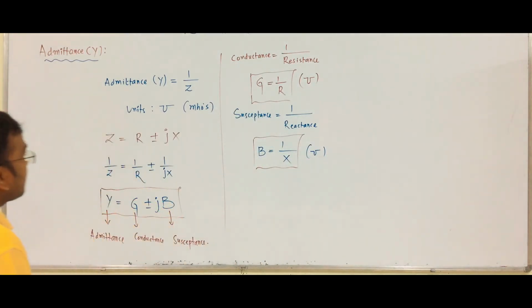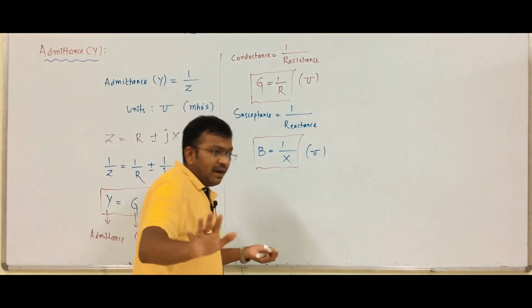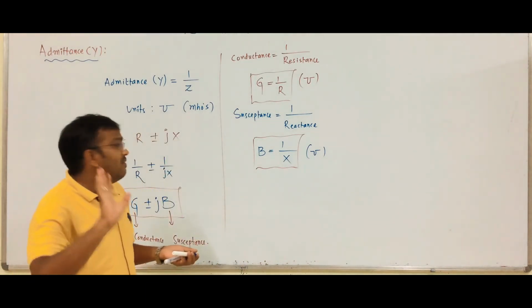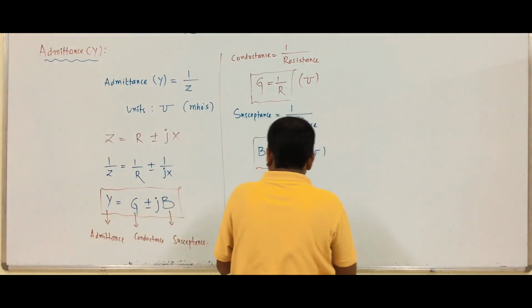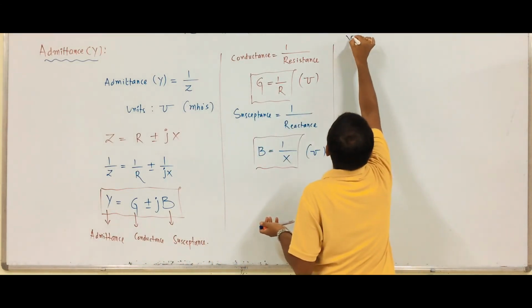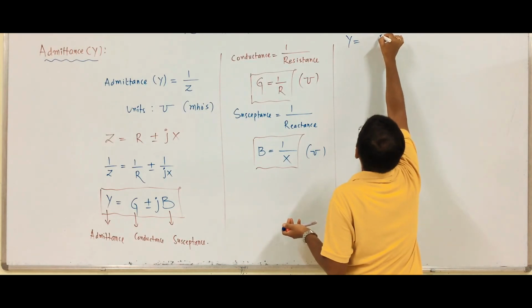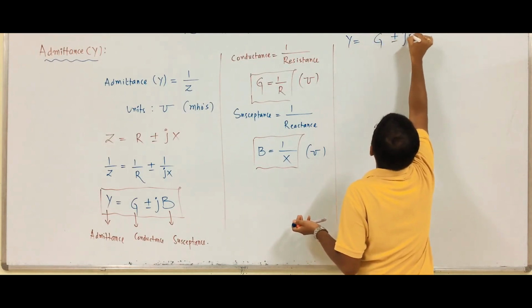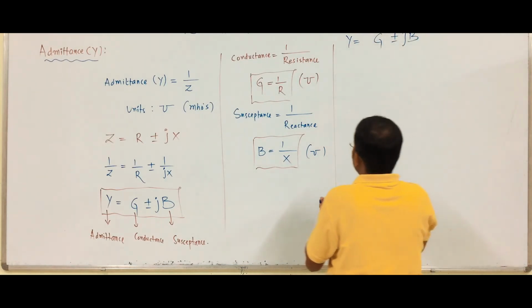If you know the concept of impedance, then the concept of admittance is very easy. That is, Y is equal to G plus or minus jB.